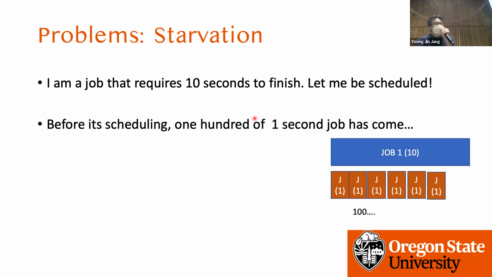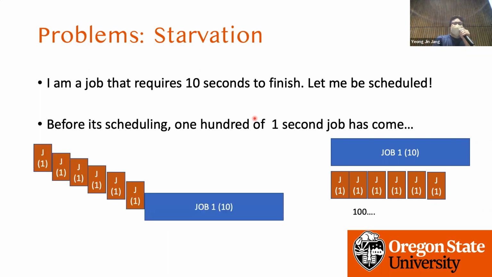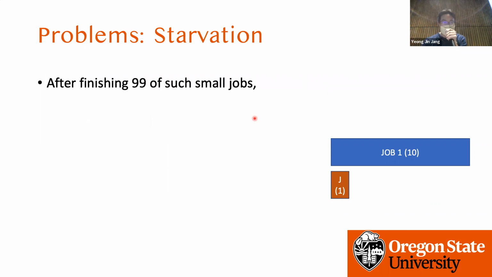If the scheduler is implemented as SJF, what it will do is schedule it like this: shortest one first, and then job 1 later. Then job 1 is still waiting. And then luckily, job 1 sees the moment right next to the schedule. This one will be scheduled, and then next is my turn. So job 1 is expecting that.